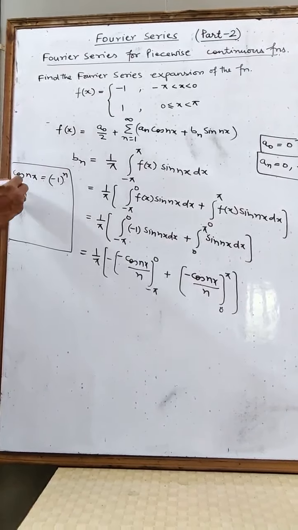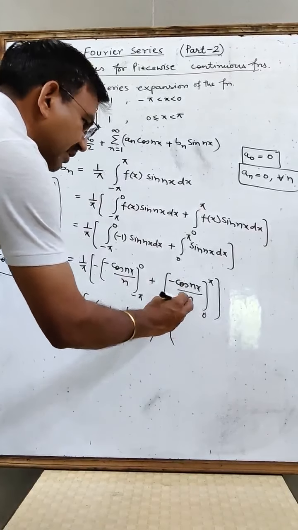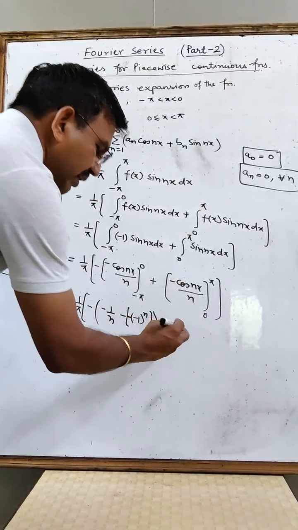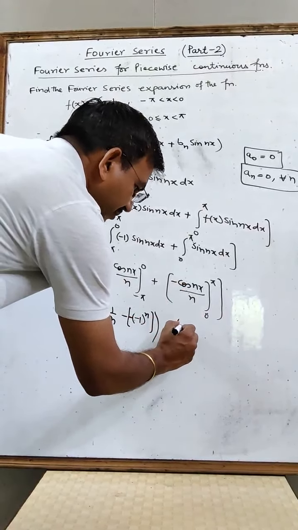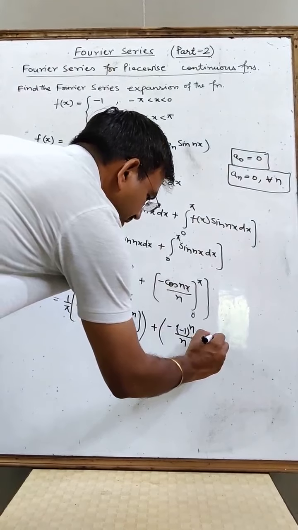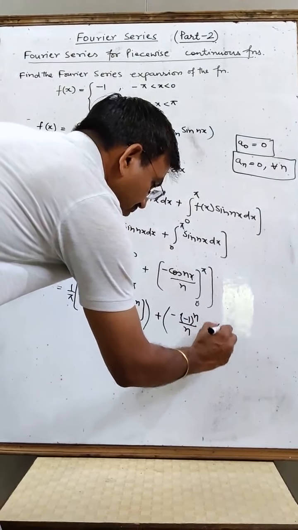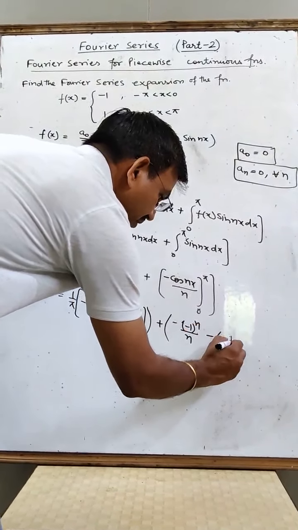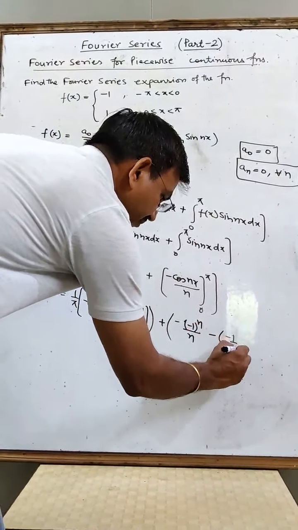And why I have put this negative here? Because there was negative, and this plus. Here again, when we will put pi, it will be minus of cos n pi, and cos n pi is minus 1 raised to the power n over n, minus, cos 0 is 1, so this.